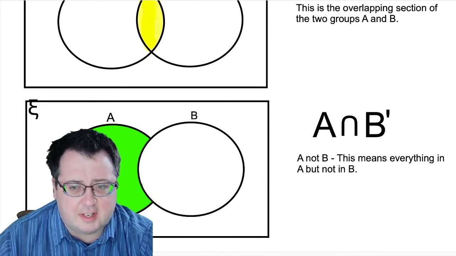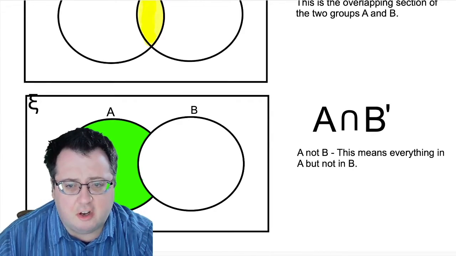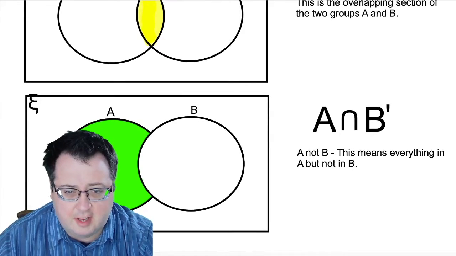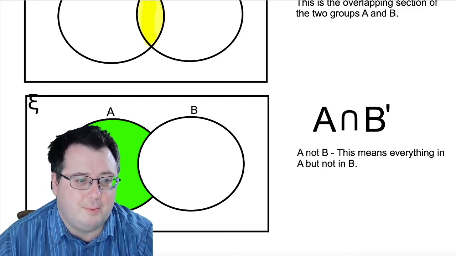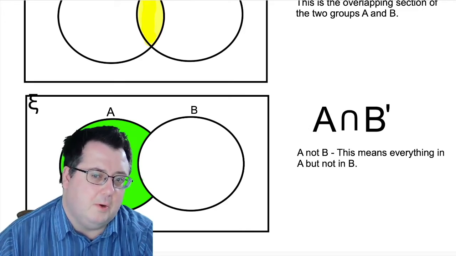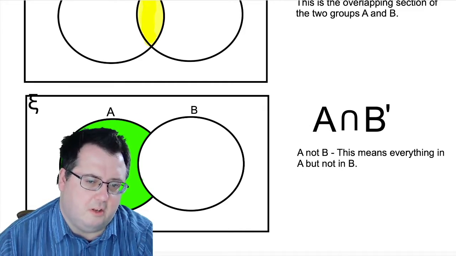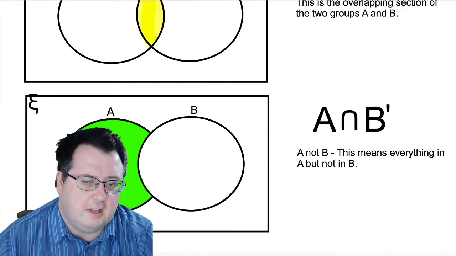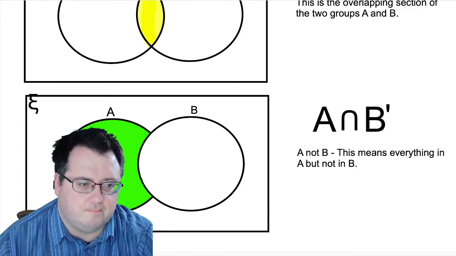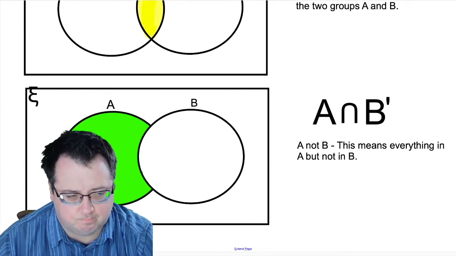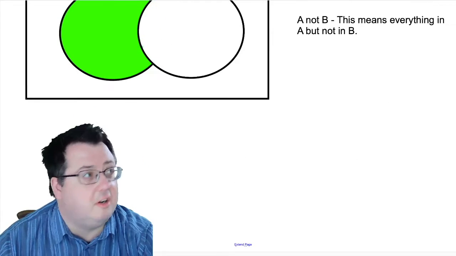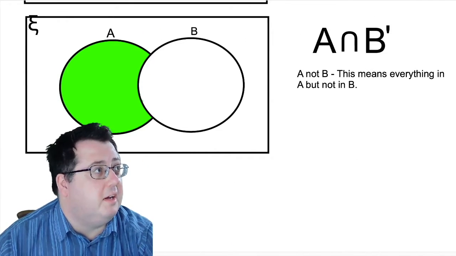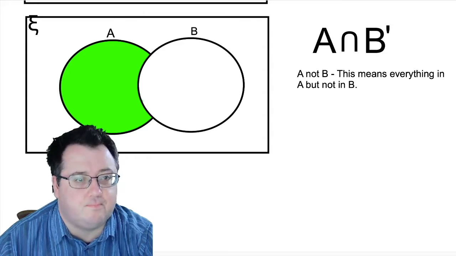Then we have A intersection B not. A not B. This means everything in A but not in B. It's fairly straightforward, but it's again remembering what that symbology means. A intersection B not. Okay, I'm going to again extend the page so you can have another good look at that picture. A intersection B not.